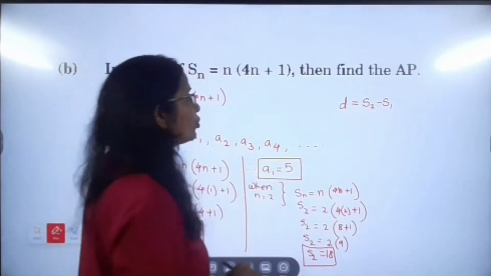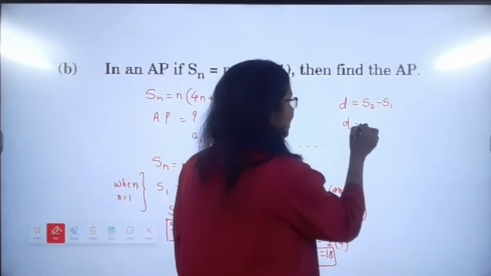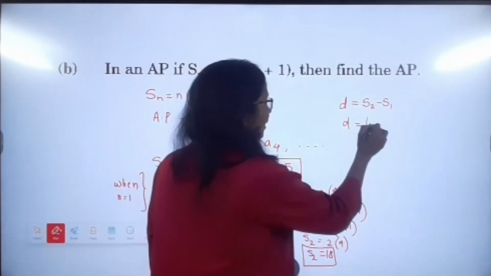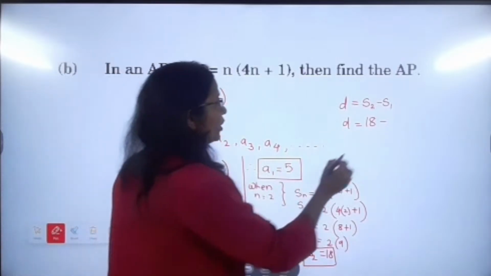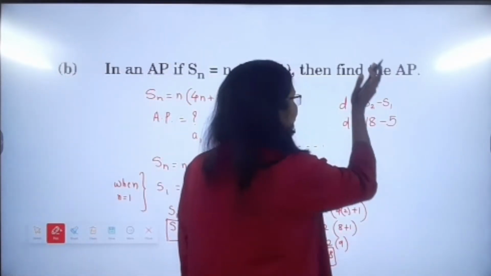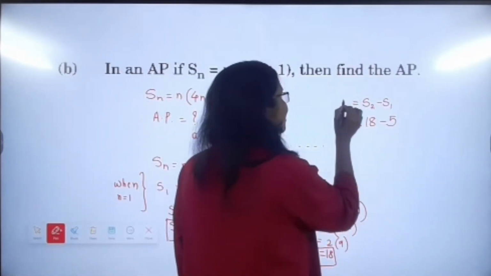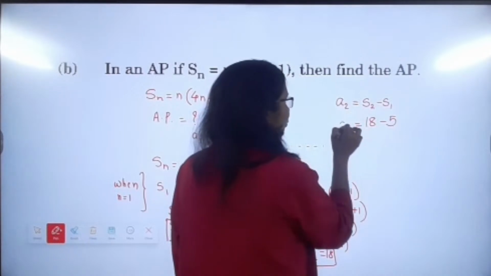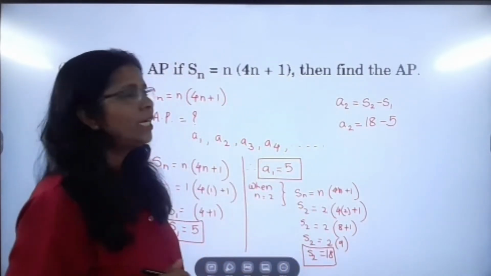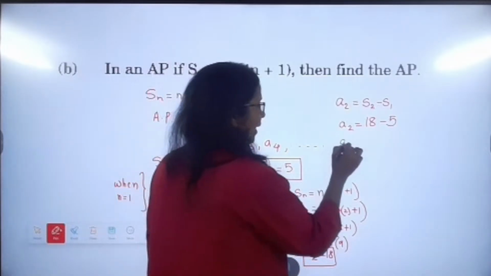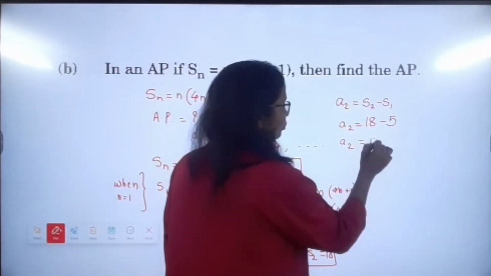Okay students, so sorry, here we can get the second term A2, not the common difference. A2 is 18 minus 5, and that means A2 is equal to 13.